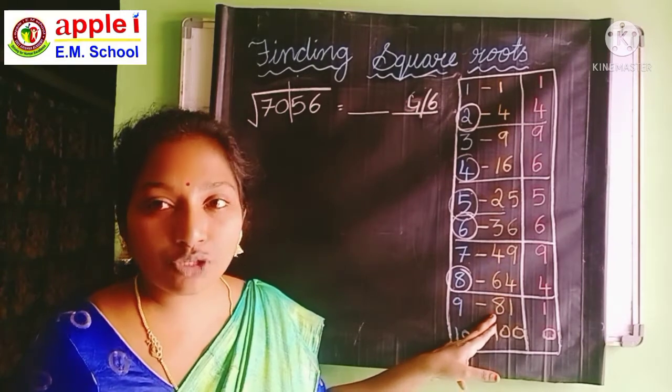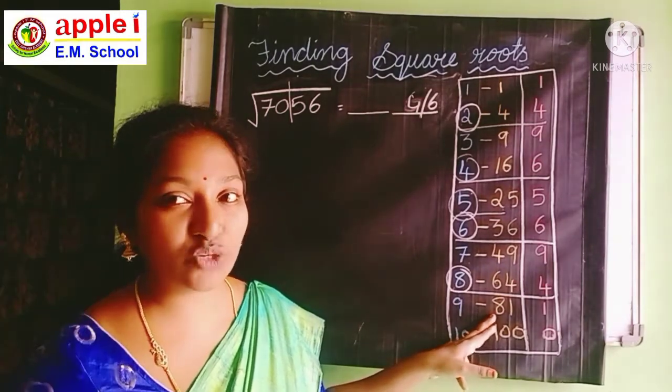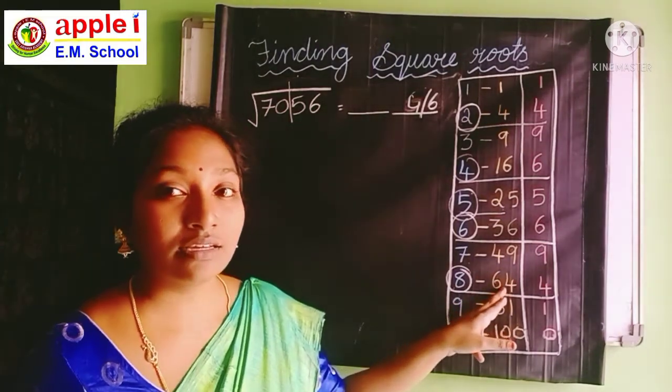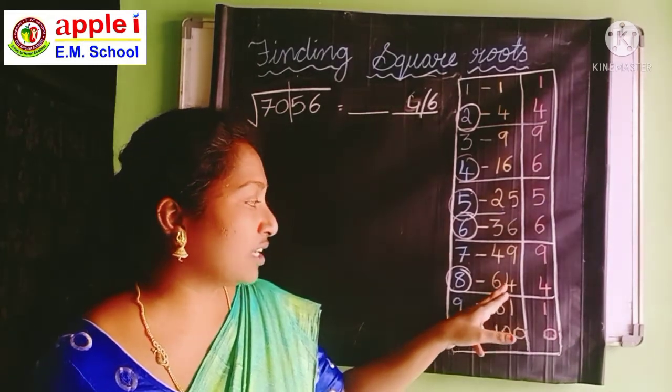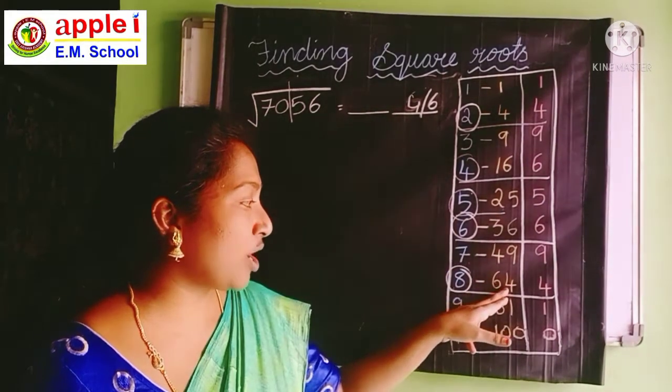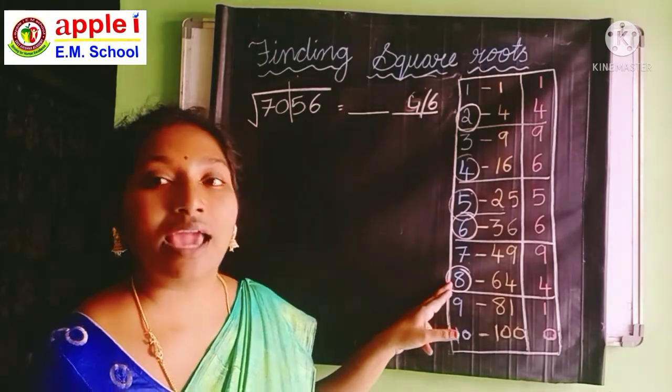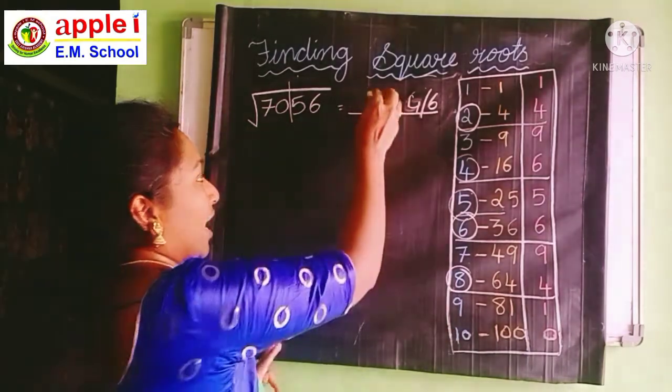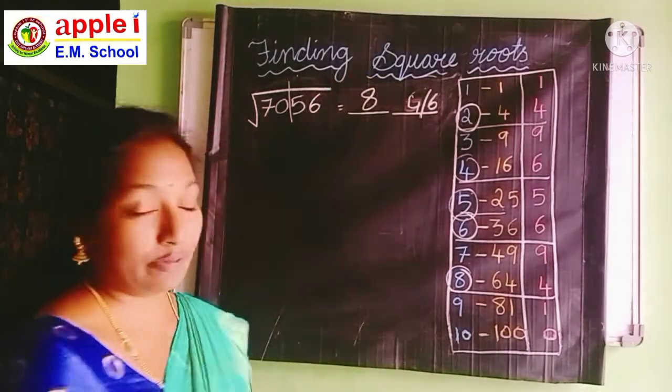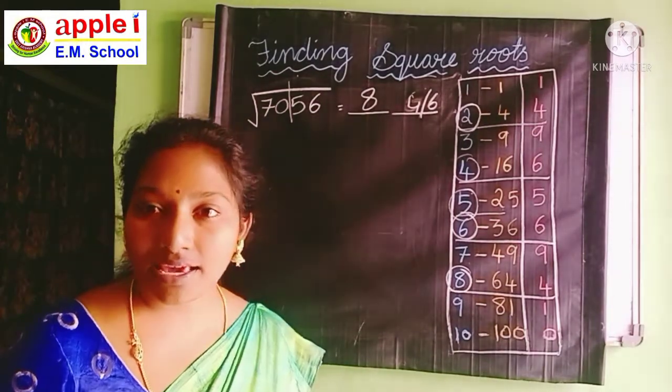So we have to consider the smallest one. Here the smallest is 64. So take the corresponding number. The corresponding number to 64 is 8. So the tens place is 8.